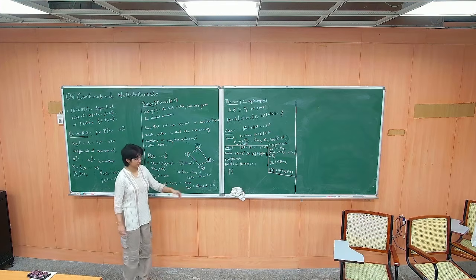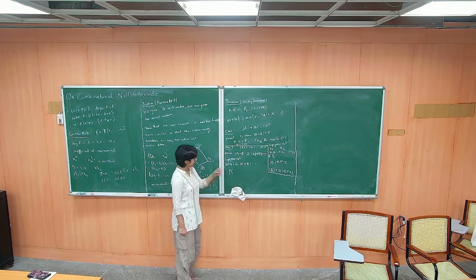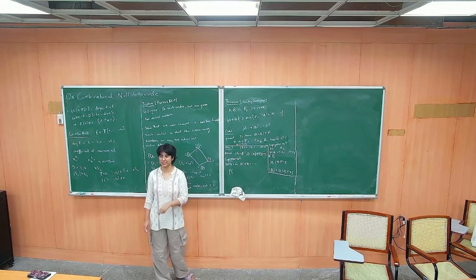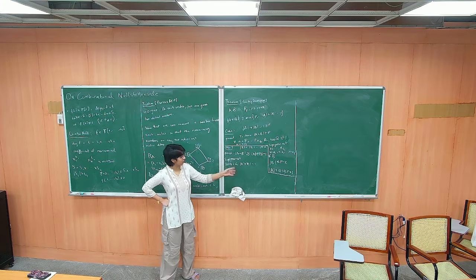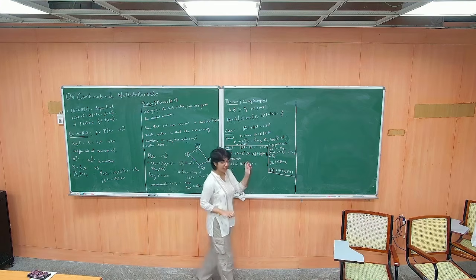Okay, let's quickly do this. The polynomial we're going to work with is going to use two variables, each for sort of like the A and B's.